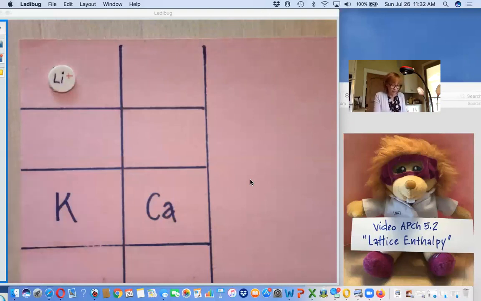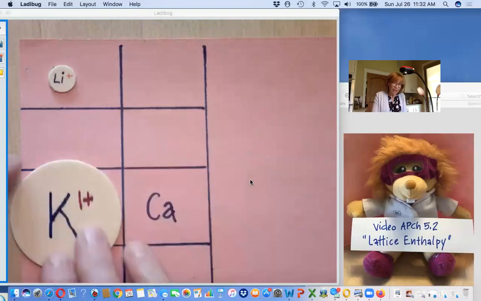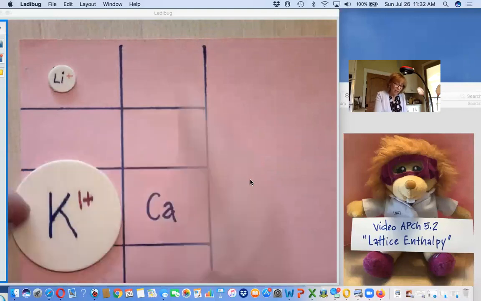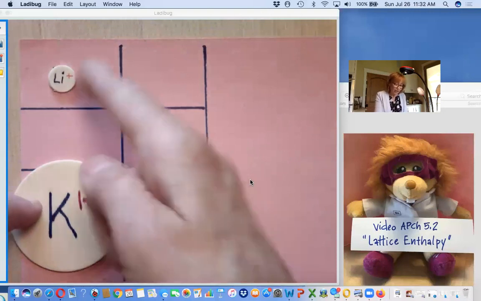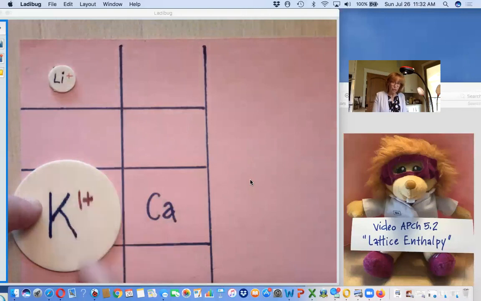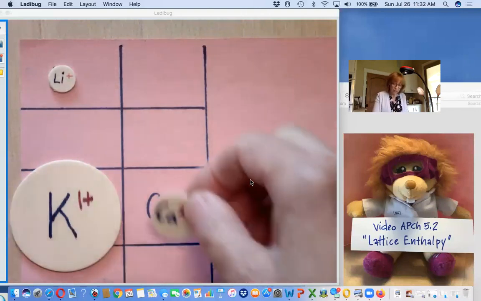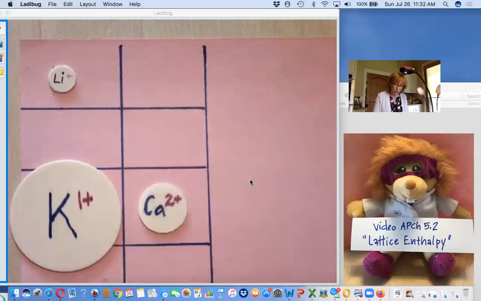And furthermore, just like the metal atoms trend larger as you go down a group, the same thing is true for their cations. So cations will get larger as you go down a group, and cations will get smaller as you go across a period.